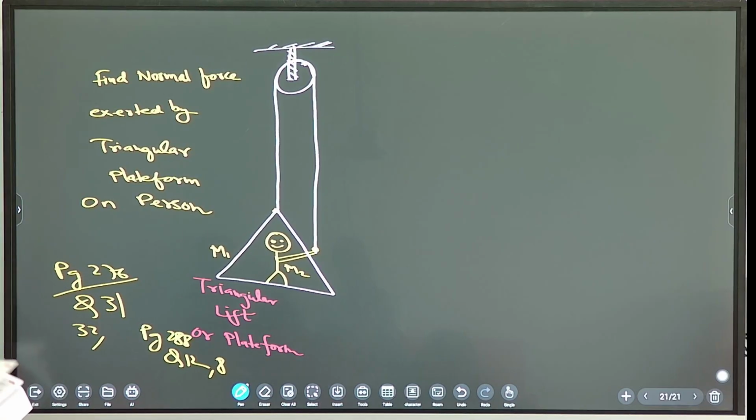Okay, so finish this. Page 277, question 38.